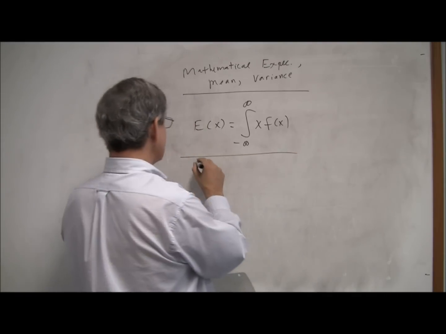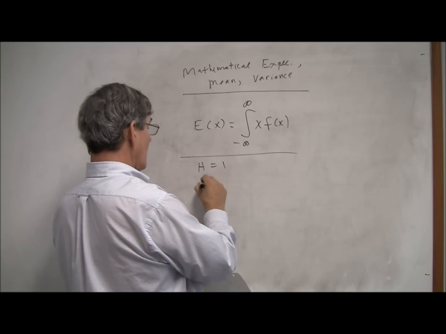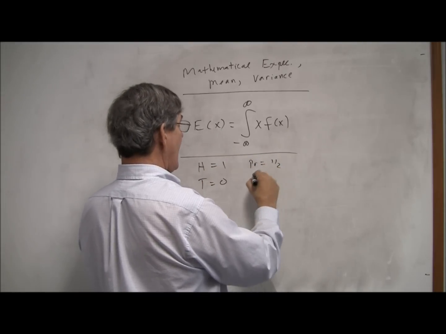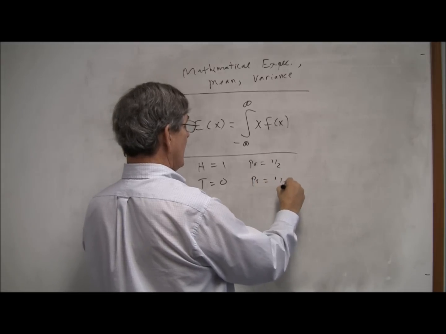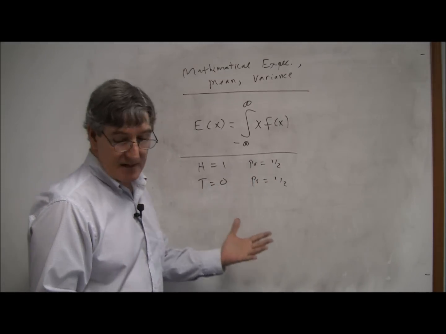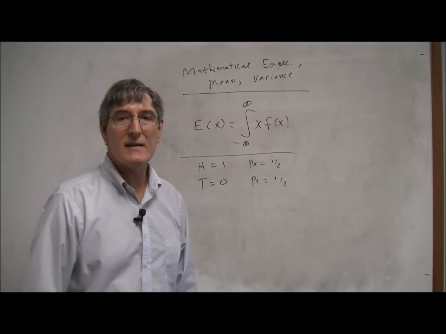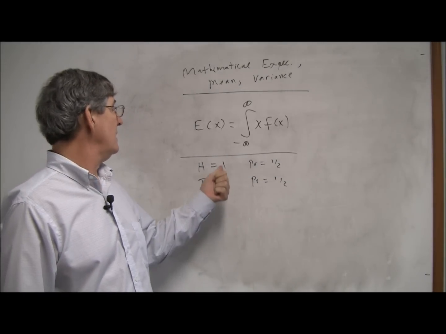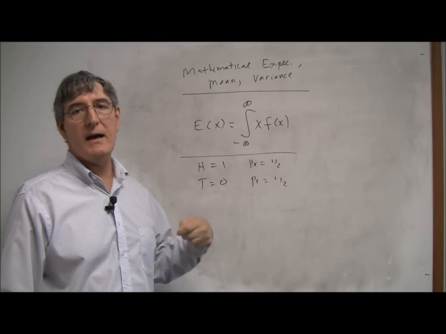So again, for the heads and tails, if a head is a 1 and a tail is a 0, the probability here is 1/2, and the probability here is 1/2. Someone says, would you like to pay 75 cents to play this game? I'm going to flip a coin. You get nothing if it's a tail. You get $1 if it's a head. Do you want to play that game?